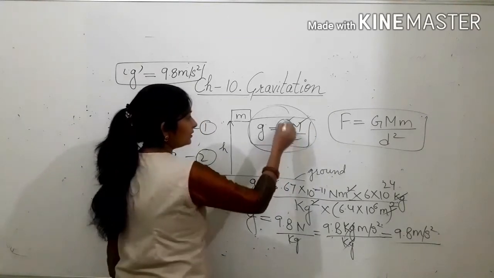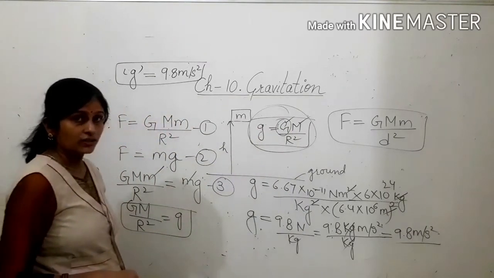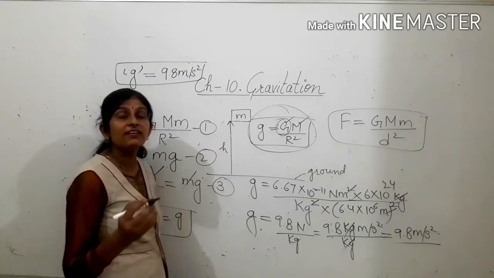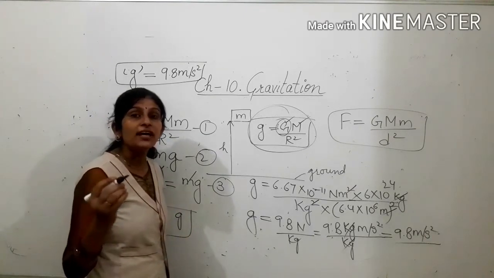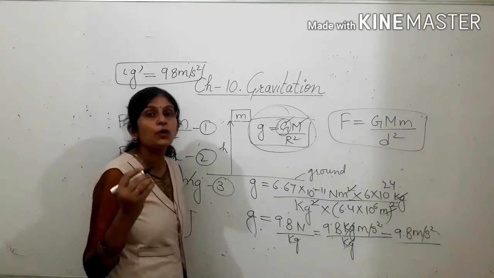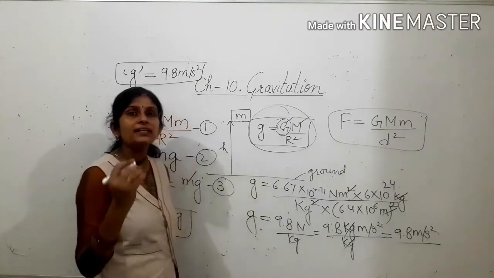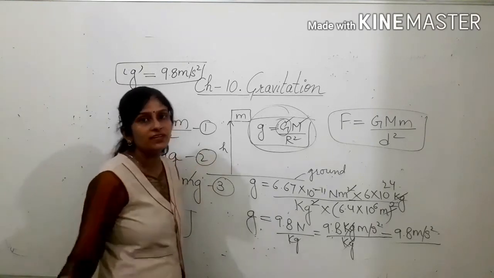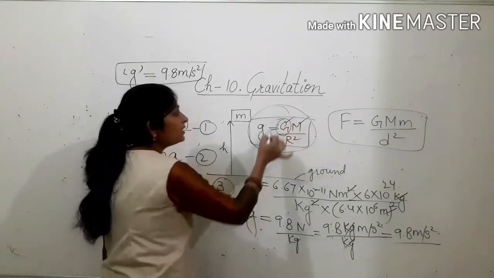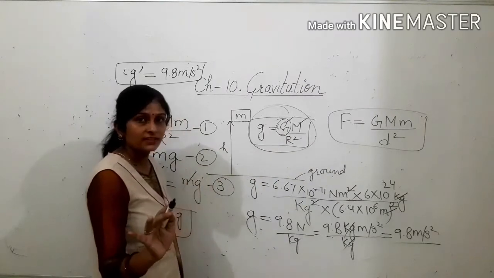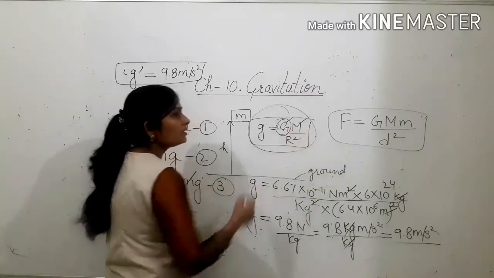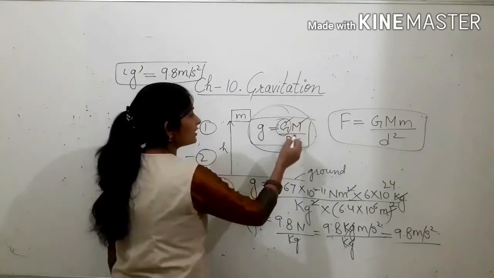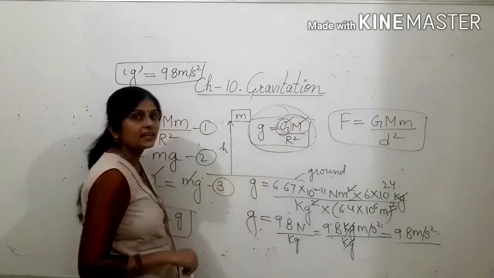We know that this capital G means gravitational constant. It is a universal gravitation constant which has a constant value of 6.673 into 10 to the power minus 11 Newton meter square upon kg square in the whole universe. So it is constant for the whole universe. And mass of the earth also does not change, so it is also constant.